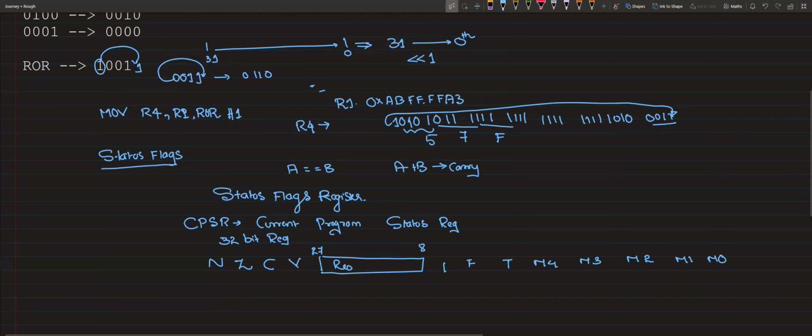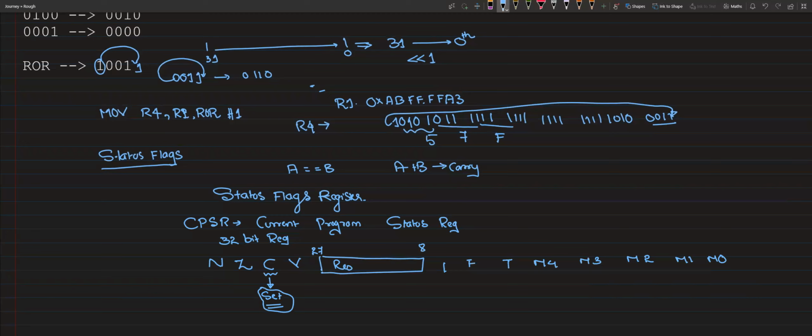The meaning of C is that whenever you add two numbers, if a carry is generated by adding those two numbers, then this bit will be set. So this flag we call the carry flag. Hope you understand what a carry is, right?